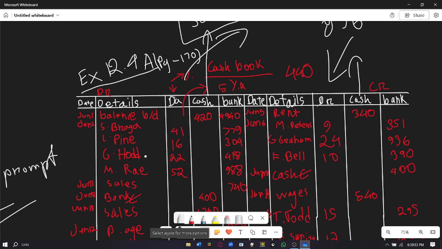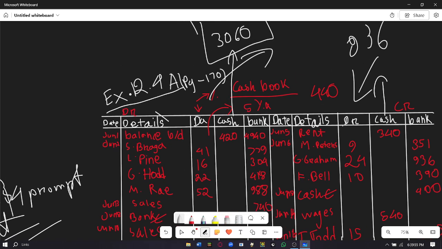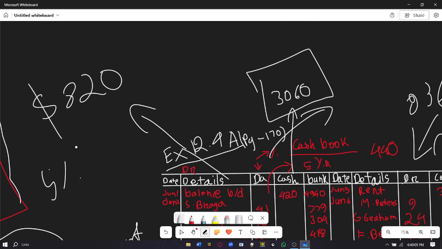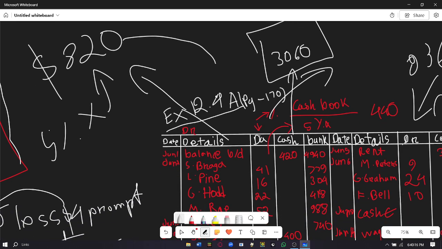What this discount allowed part is calculating is, say, for Braga, the amount he's paying is $820, and we're giving a 5% discount. A 5% discount means we multiply 5% with this, and whatever value we get, we subtract from the original value.